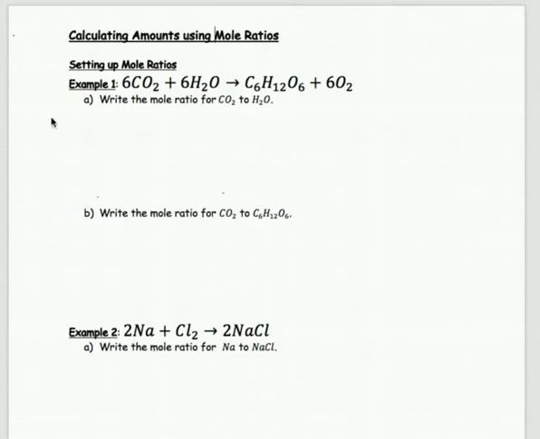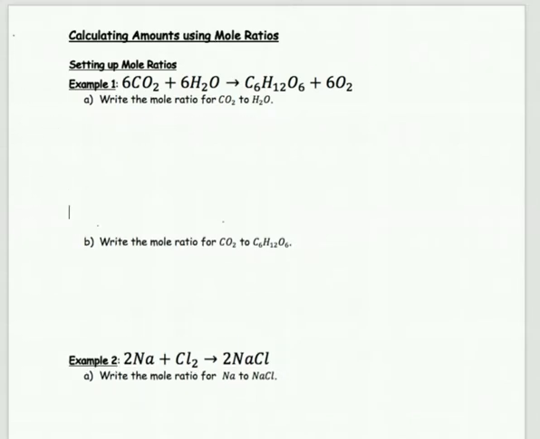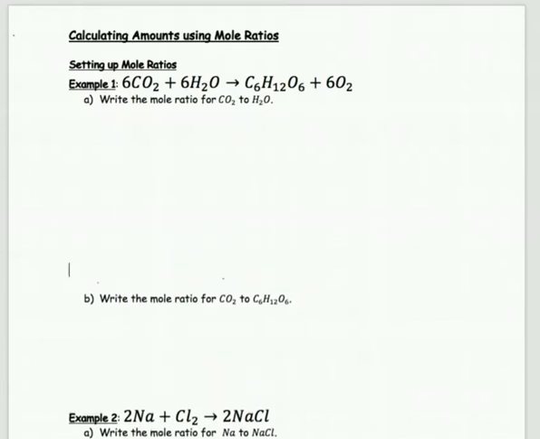So what you're going to do here is just write the compounds in a ratio form so we can compare them. So I'm just going to write CO2 to water like that, okay? So we're going to write the coefficients that are in front of the compounds there. So 6 to 6, okay?